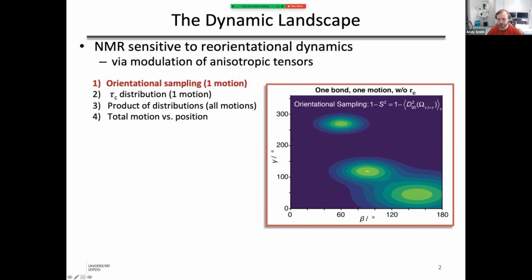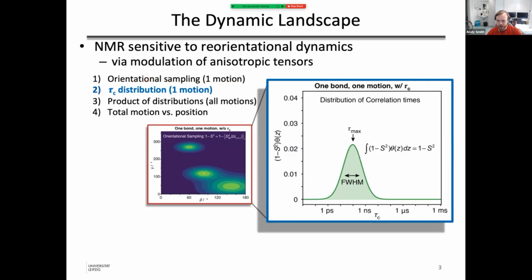This is just a cartoon, but you might sample a few different orientations, and all those orientations sampled are going to lead to an order parameter, or here we'll use the generalized order parameter S squared. And so as the motion gets larger, S squared gets smaller. Of course, I'm going to plot 1 minus S squared. I like this parameter better because when motion gets bigger, the parameter gets bigger. But that's just a small part of the story.